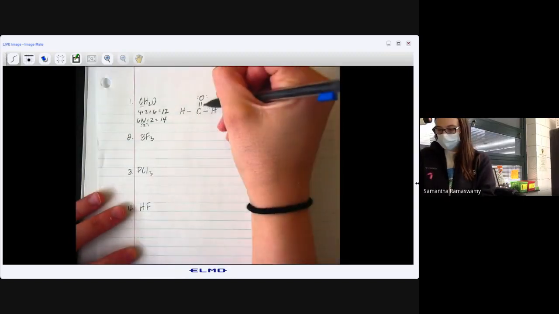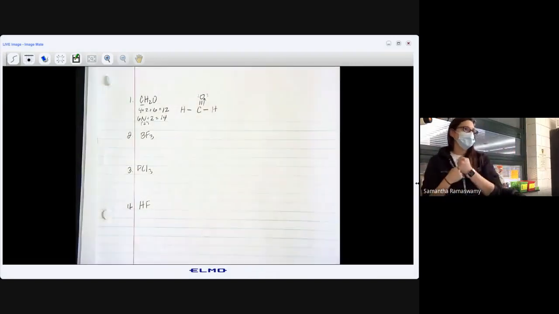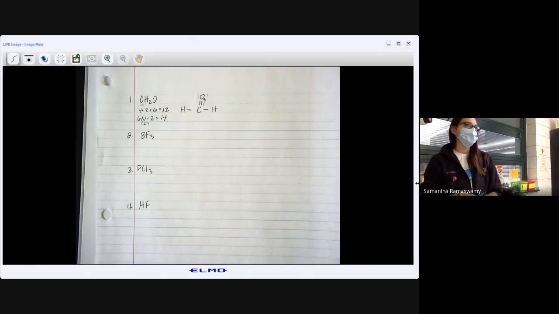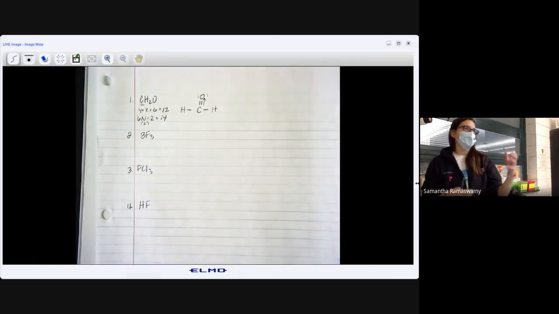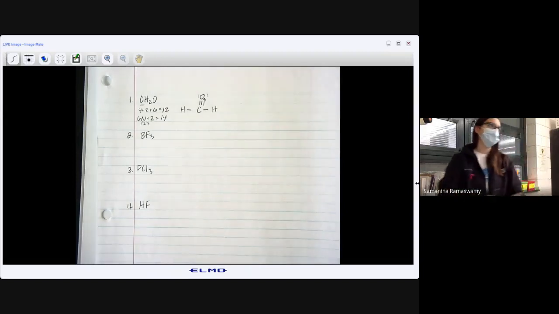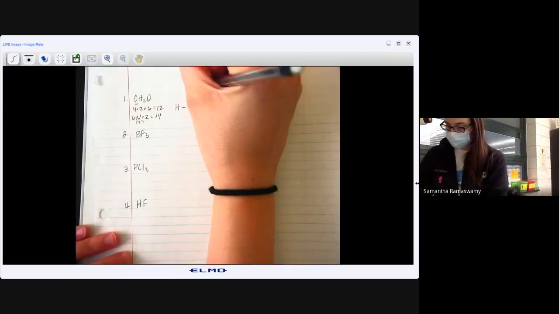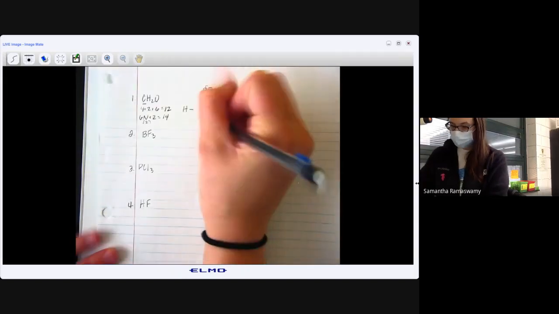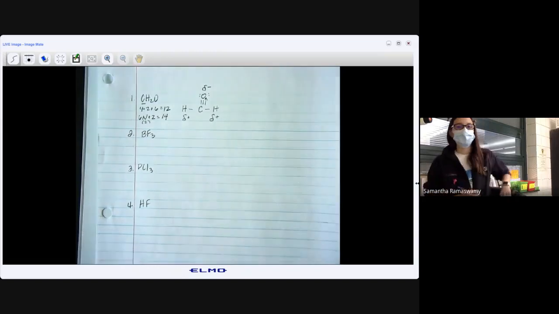Oxygen is more electronegative than carbon, so it's going to pull the electrons toward it, like it's a tug of war. And there's nothing to pull back against oxygen's pull on the electrons. So that means that oxygen is going to carry this partial negative charge, and then both of the hydrogens will carry a partial positive charge.